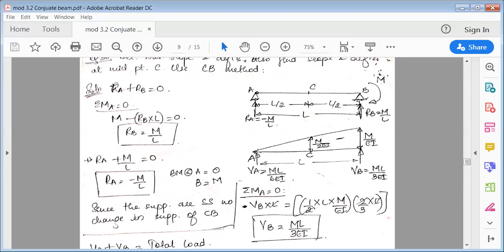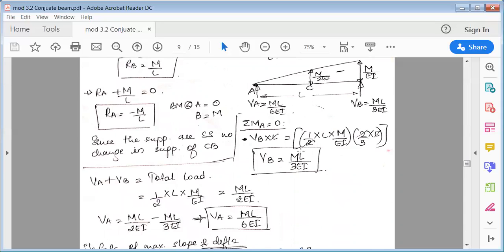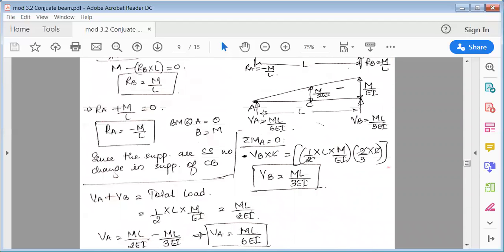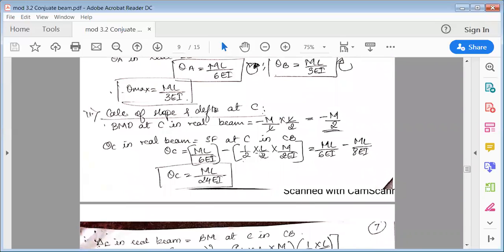Then downward is only this triangle load, that is half into base L by 2 into height M by 2EI. So when you solve this, you'll get theta C.